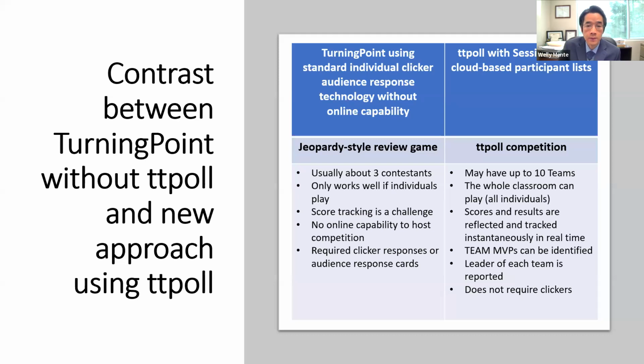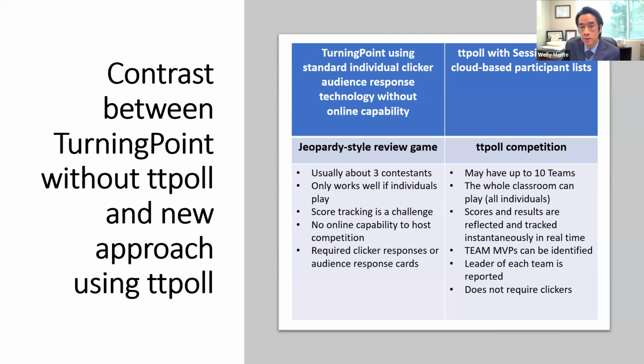All the scoring had to be done manually, and it required an audience to click a clicker within a certain designated range. But when I went to TT poll with session ID, cloud-based participant list, the audience was able to have up to 10 teams, and the whole classroom was able to play all as individuals.